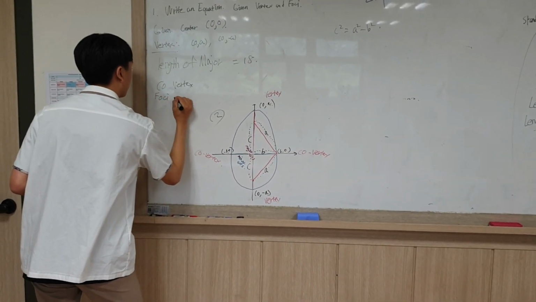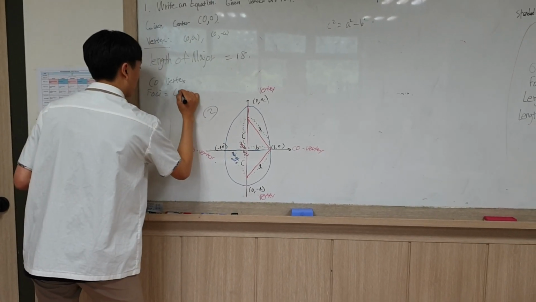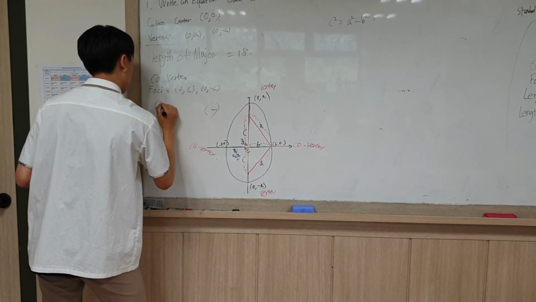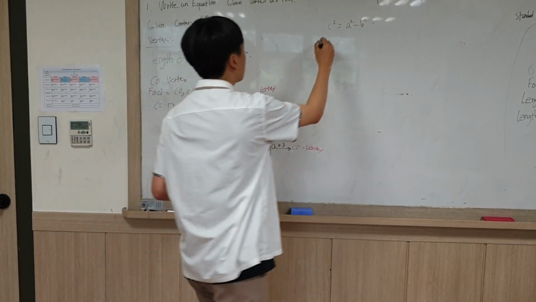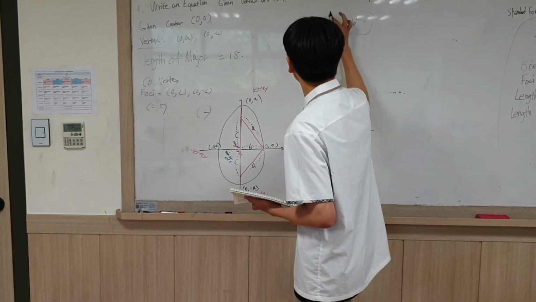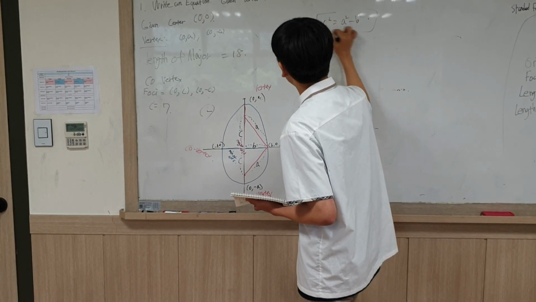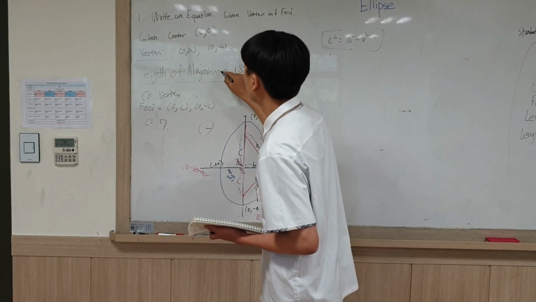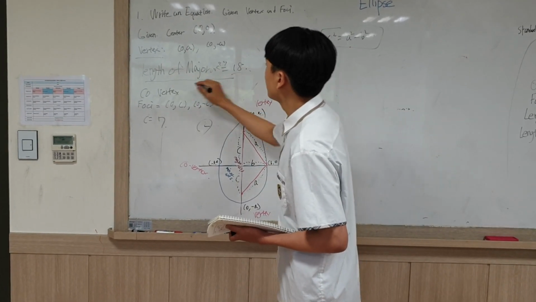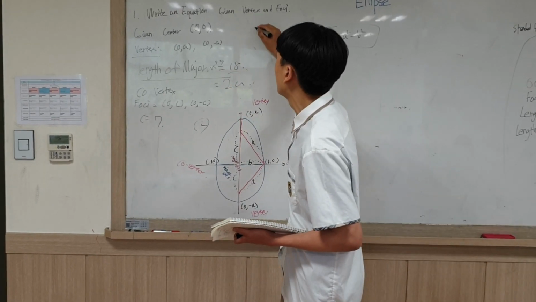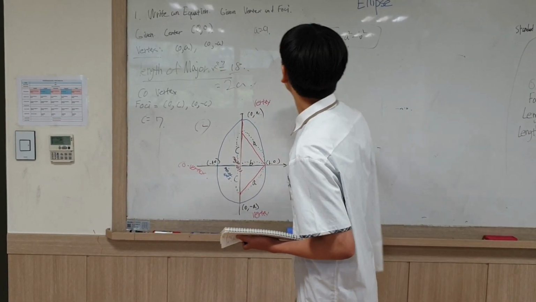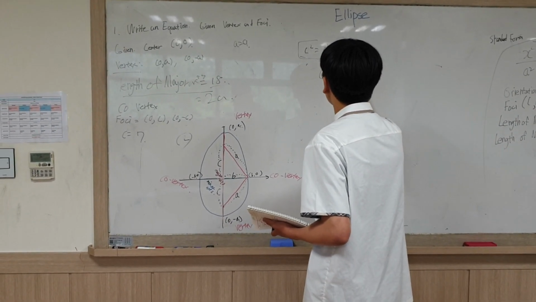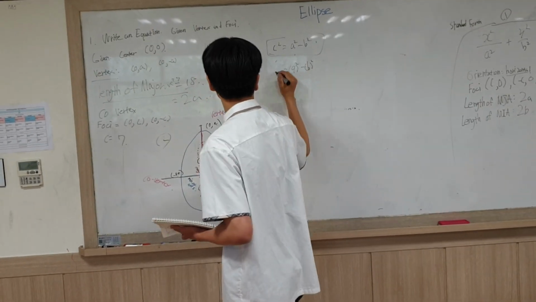They say the foci are 0, c and 0, minus c, and c is 7. So now using this equation, we can solve for b, and because the length of the major axis is 18 and the length of the major axis is actually 2a, we can assume that a is 9. So we can replace this with 9 squared minus b squared is equal to c squared, 7 squared.